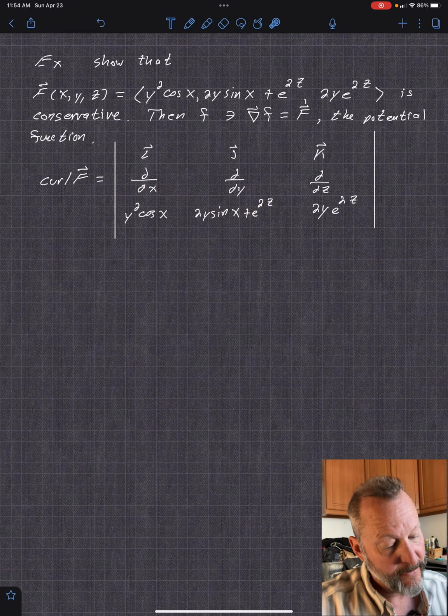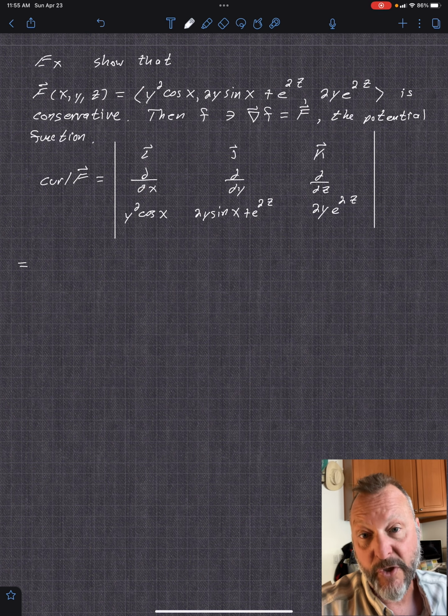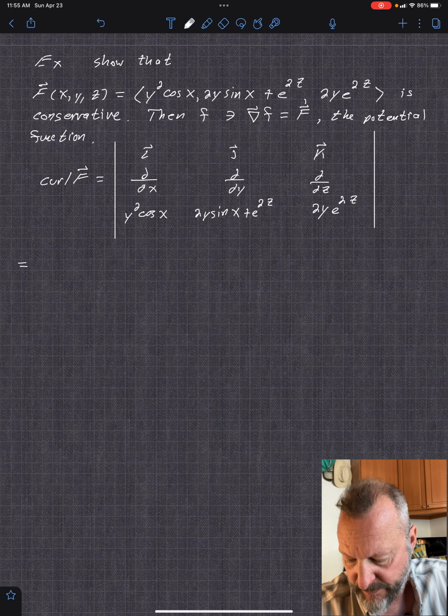So it's equal to, and usually you go ahead and do the partials as you take the curl of it, the determinant of that. So it's partial with respect to y, so it's just 2 e to the 2z, so you get 2e to the 2z minus 2e to the 2z, which is 0, i.